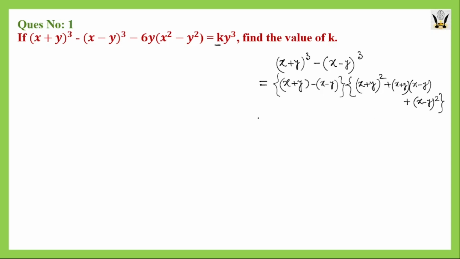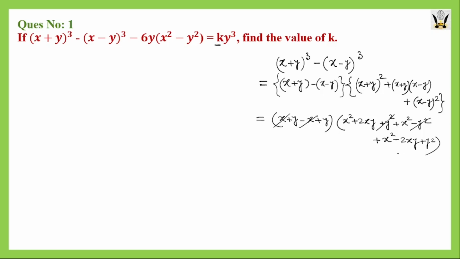Now if we simplify further, plus x and minus x will cancel each other, plus y square and minus y square will cancel each other, and plus 2xy and minus 2xy will cancel each other.